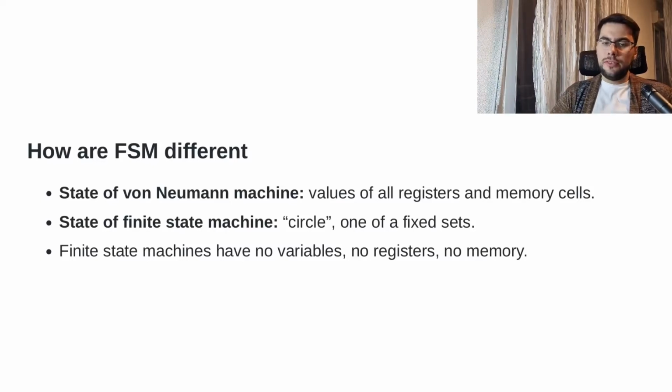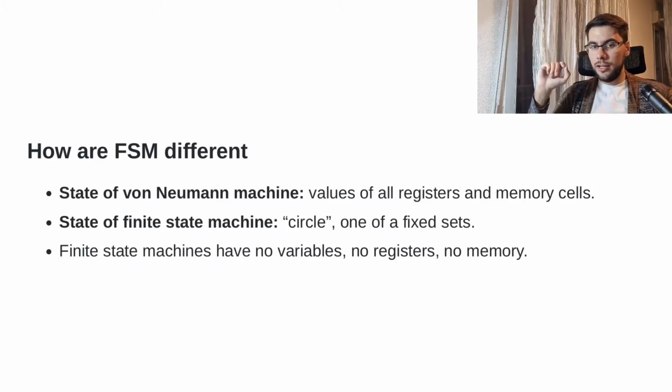Second, in finite state machines there is no memory whatsoever. No variables, no registers, no stack, also no assignments, no if-then-else constructions, no loops like while or for, nothing like that. So it is a completely different abstract machine. It's not a von Neumann machine in any regard. There's nothing but states and transitions between them.